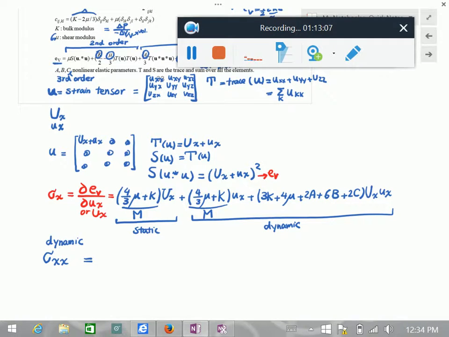So the static part doesn't play a role. So basically the rest we have to just deal with the dynamic stress. So the dynamic part would be then m, I used x here, we just use the same, m ux plus this expression that you have here.